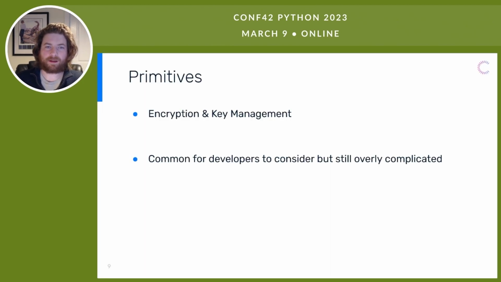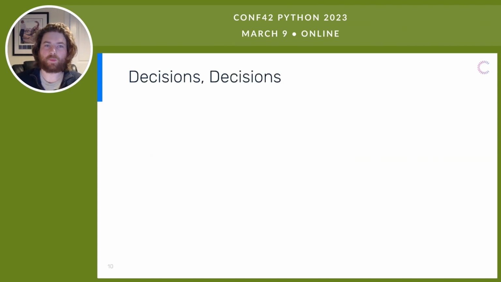Before digging into enclaves and Cape's main service, I want to talk about how important it is to keep encryption and key management as essential primitives when developing a confidential computing platform. Even though thinking about encryption and key management is common and should be more common for software developers, it can still be quite complicated to do these things in a seamless way. When implementing encryption for your application, there are a lot of decisions to be made, such as AES versus RSA.